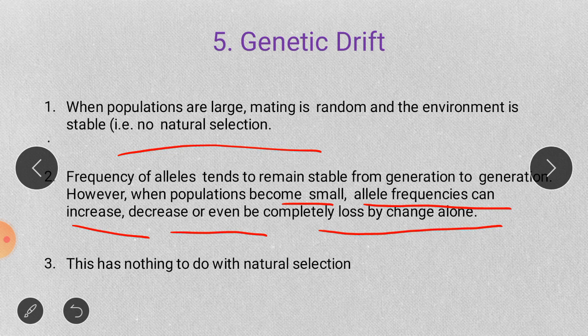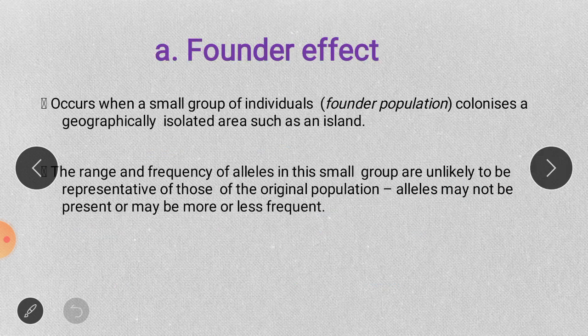If you have a large population, maybe you will not have that much change in allelic frequency, but if your population size is small, you will get change in the allelic frequency. Sometimes allelic frequencies are going to increase, decrease, or completely change, and this process has nothing to do with natural selection. Genetic drift is completely independent of natural selection.